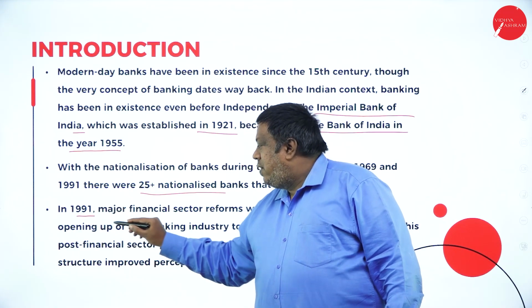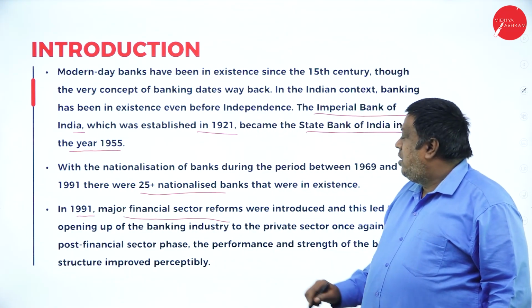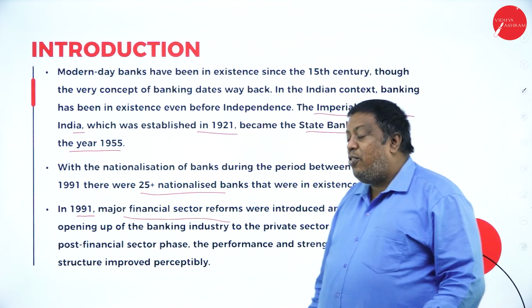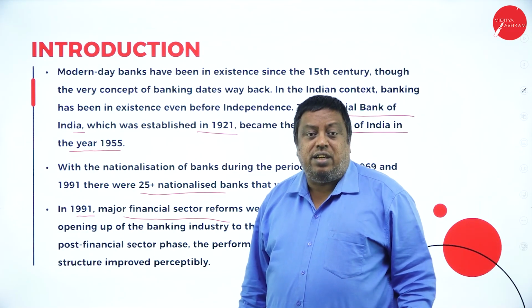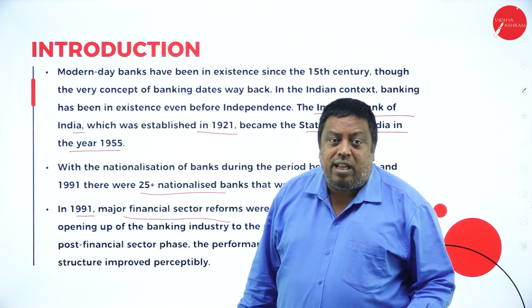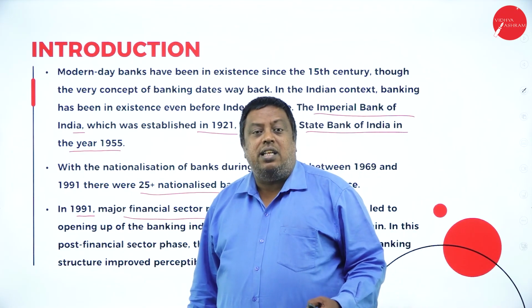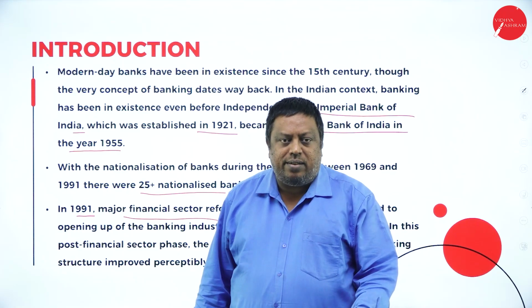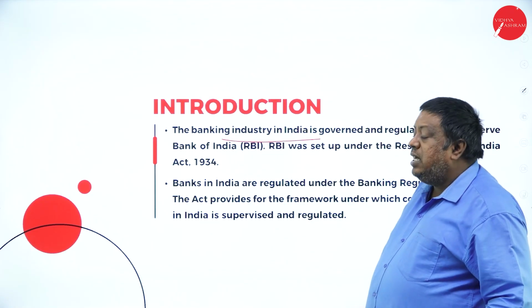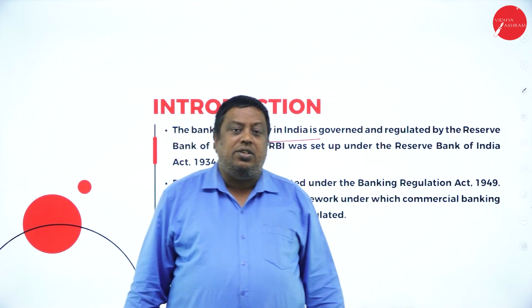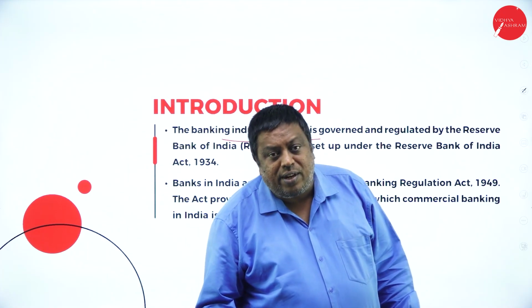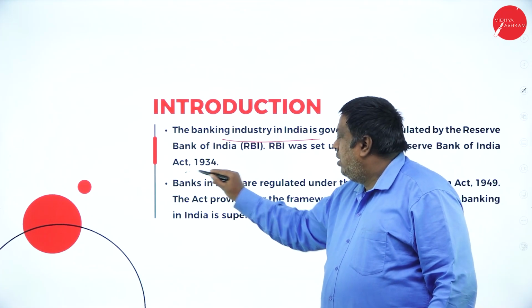In 1991, major financial sector reforms were made and there was an opportunity for the private sector to boost the nation by starting private sector banks. The banking industry is governed by RBI, and RBI was established under the RBI Act of 1934.